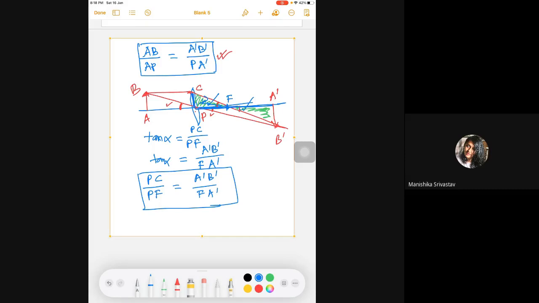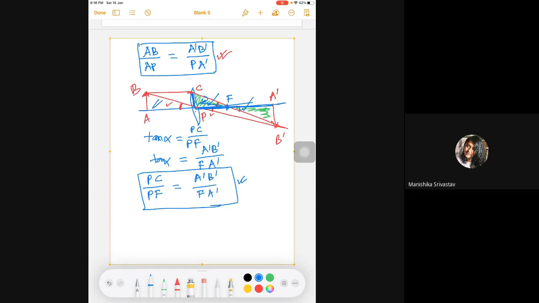Okay, are you with me, or any question, any confusion? Just considering two triangles very carefully. Nothing else in these two relations. So this is one relation we got, and this is another relation.